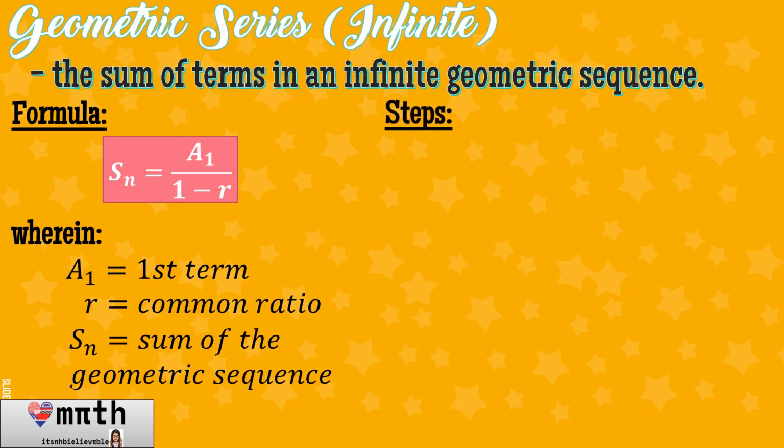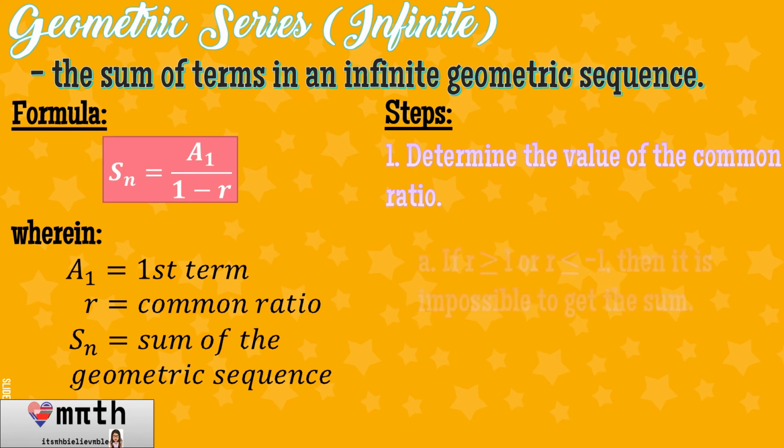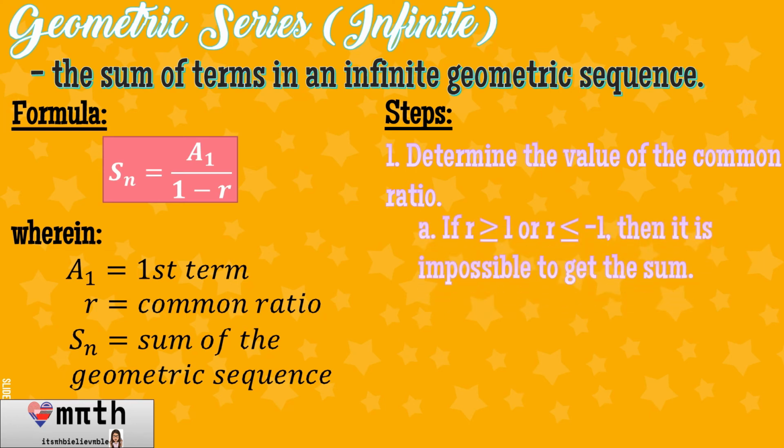Before we have the discussion on the solution of the infinite geometric series, let us review first the steps of finding this value. So the first step is determine the value of the common ratio. After finding the common ratio, let us see if it is on these following conditions.